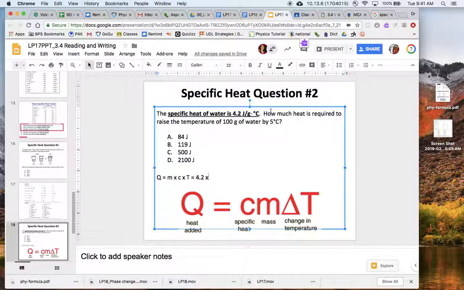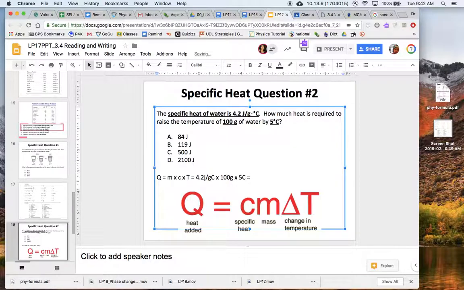Can we find the mass? How much heat is required to raise the temperature of 100 grams of water? That's a mass. 100 grams. This is joules per gram Celsius. And then we multiply specific heat by mass, multiply mass by temperature, and the temperature here is 5 Celsius.